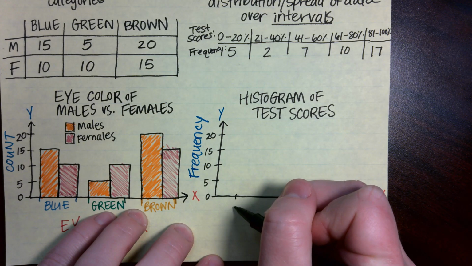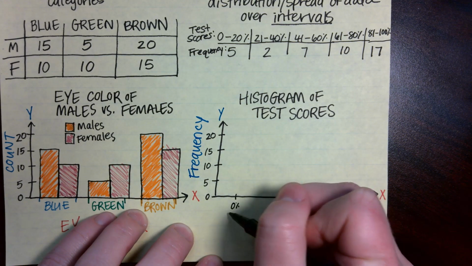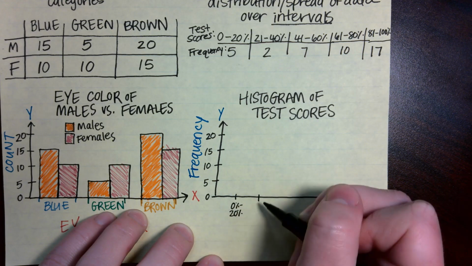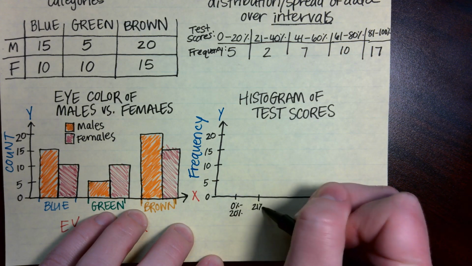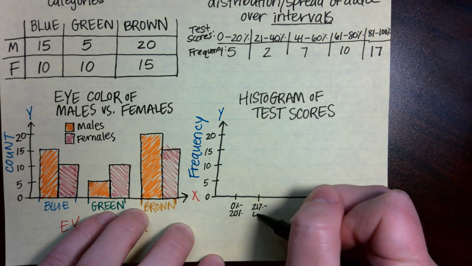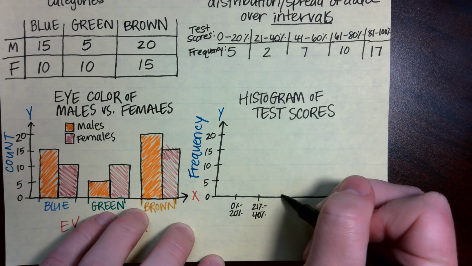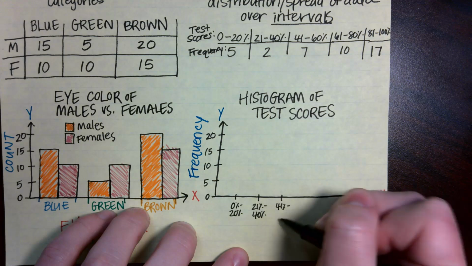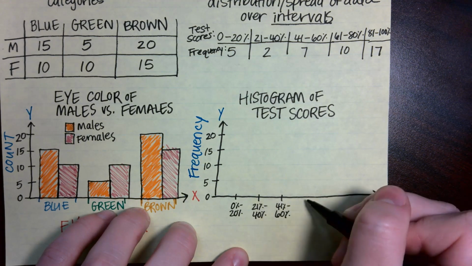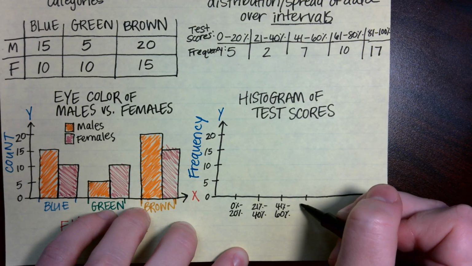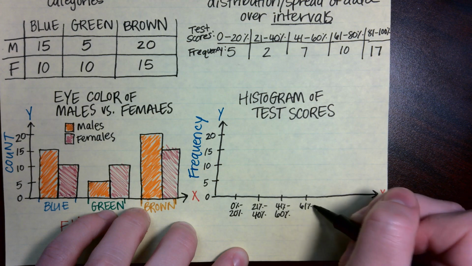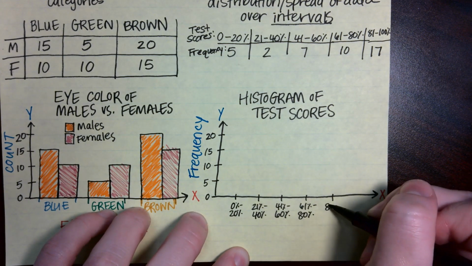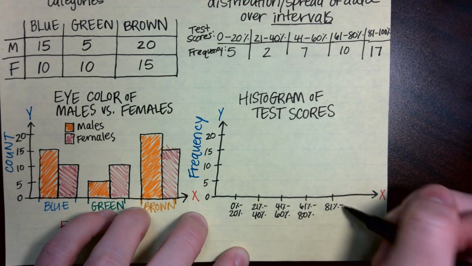So from 0 to 20%, 21 to 40, 41 to 60, 61 to 80, and 81% to 100.